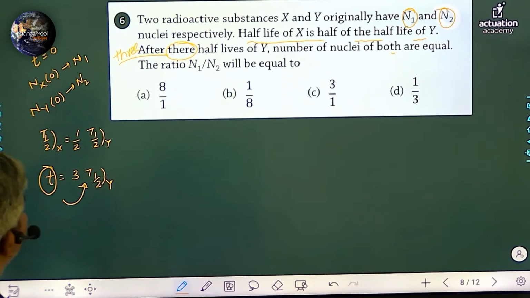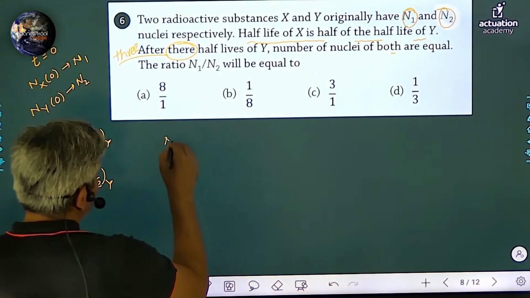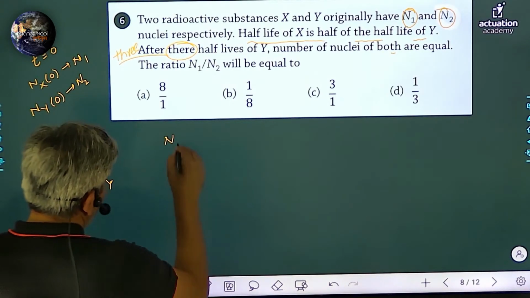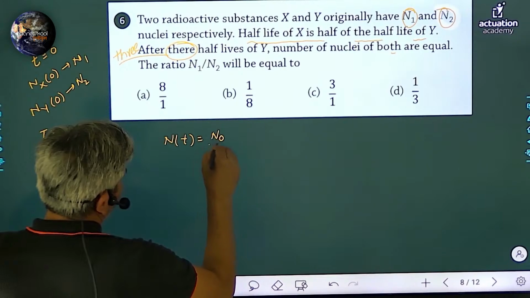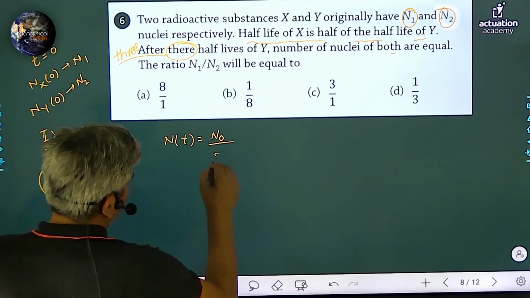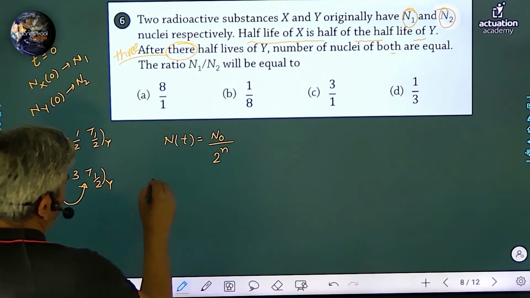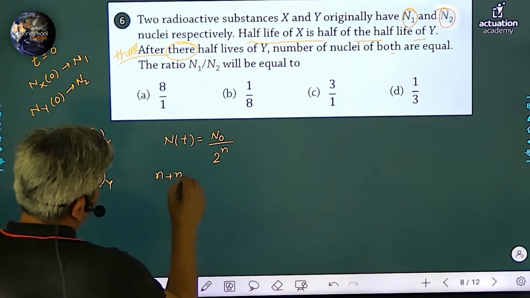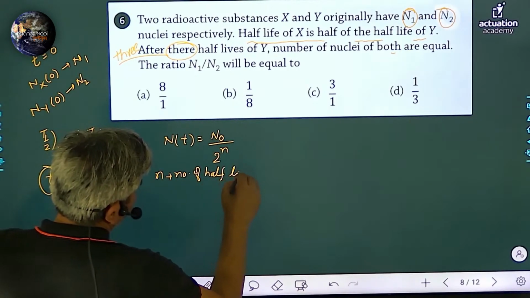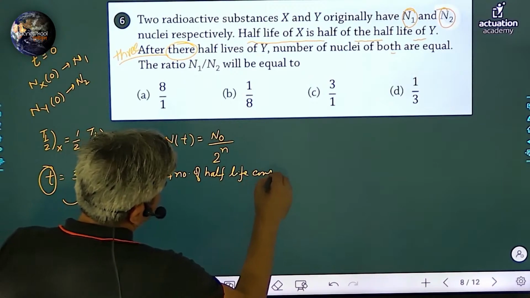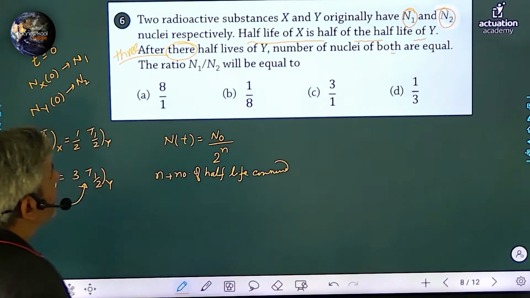The ratio n1 by n2 is equal to... So the number of nuclei remaining is equal to the number of nuclei at 0 divided by 2 raised to power n, where n is the number of half-lives consumed.